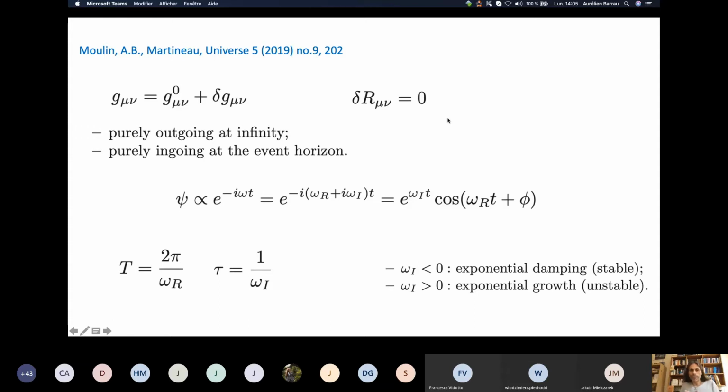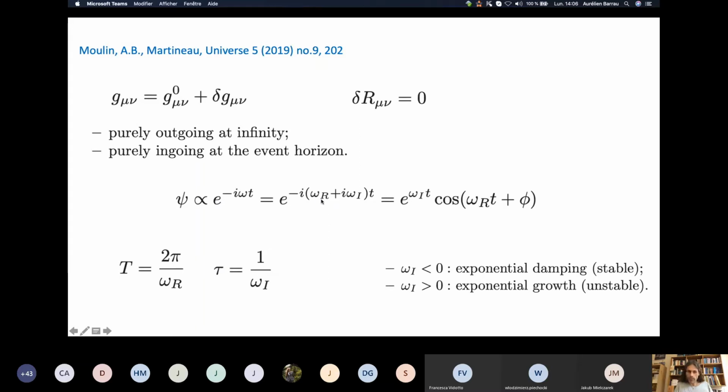The boundary conditions are somehow unusual because you ask the waves to be purely outgoing at infinity because there is no source, and to be purely ingoing at the event horizon because, of course, by definition, nothing can escape the black hole.